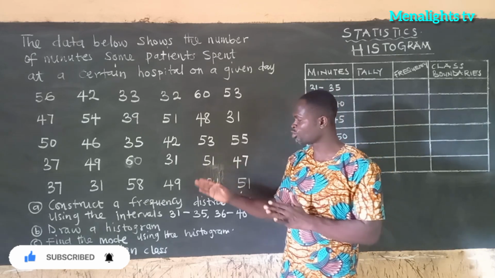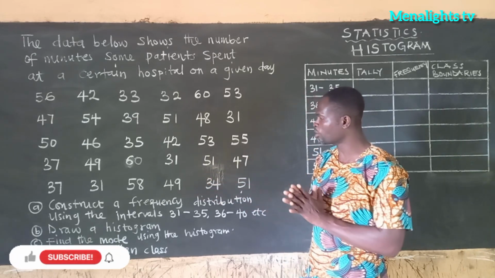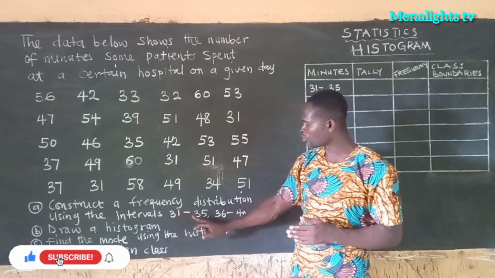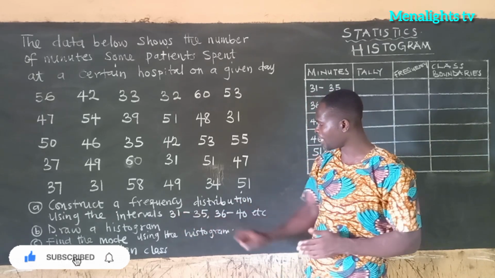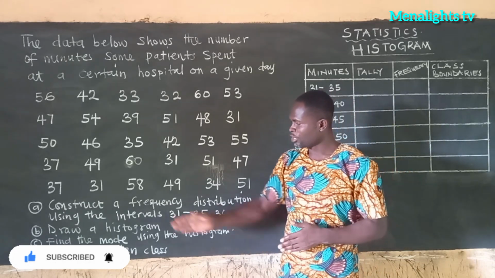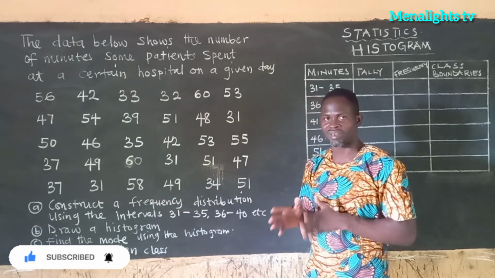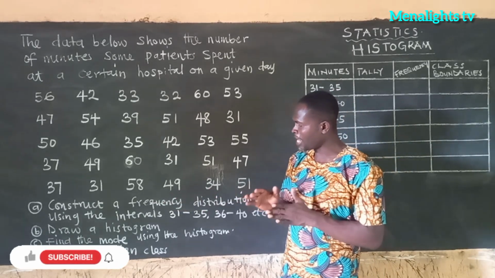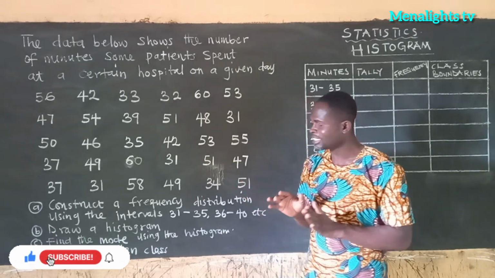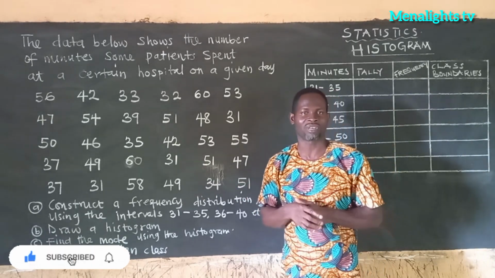Then you have to use this to draw a frequency distribution table, using the intervals 31 to 35, 36 to 40, etc. After that, you have to draw a histogram, then find the mode using the histogram, and then find the median class using the histogram.